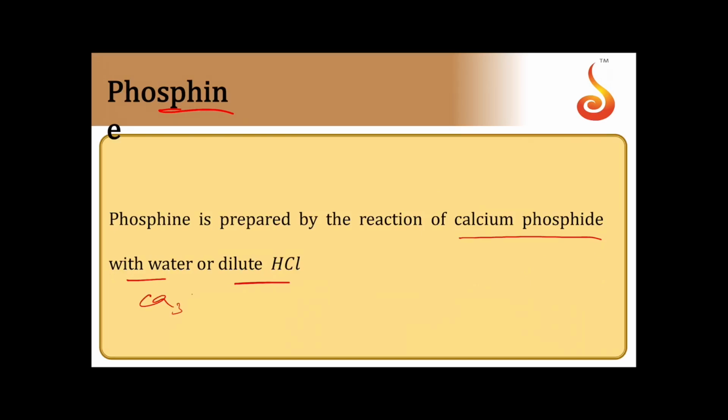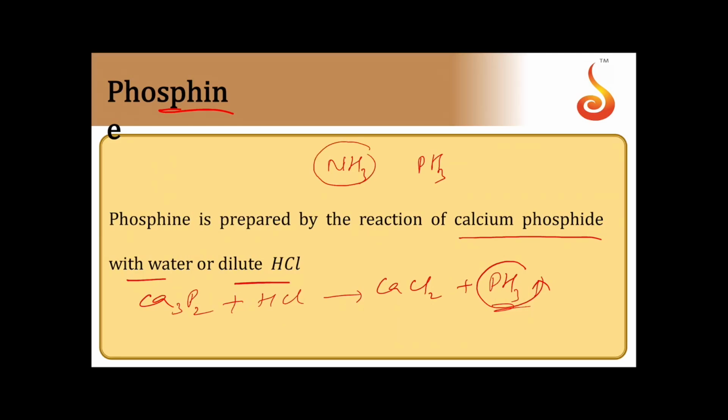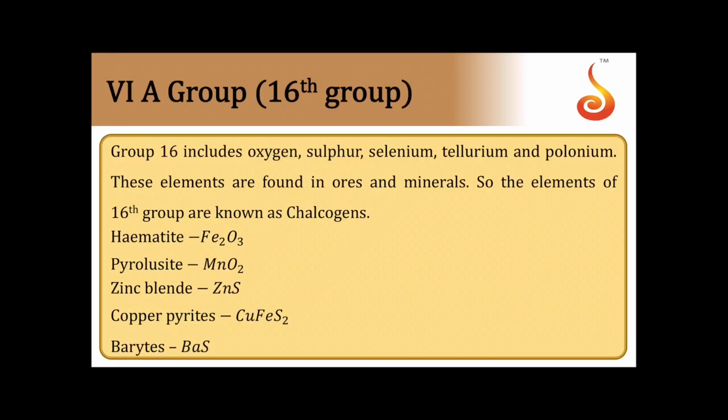Ca3P2 plus HCl gives calcium chloride plus PH3, phosphine gas. Phosphine and ammonia are both hydrides of same group elements. Ammonia is a very good complexing agent, whereas phosphine is not a good complexing agent. That is the basic difference between ammonia and phosphine.